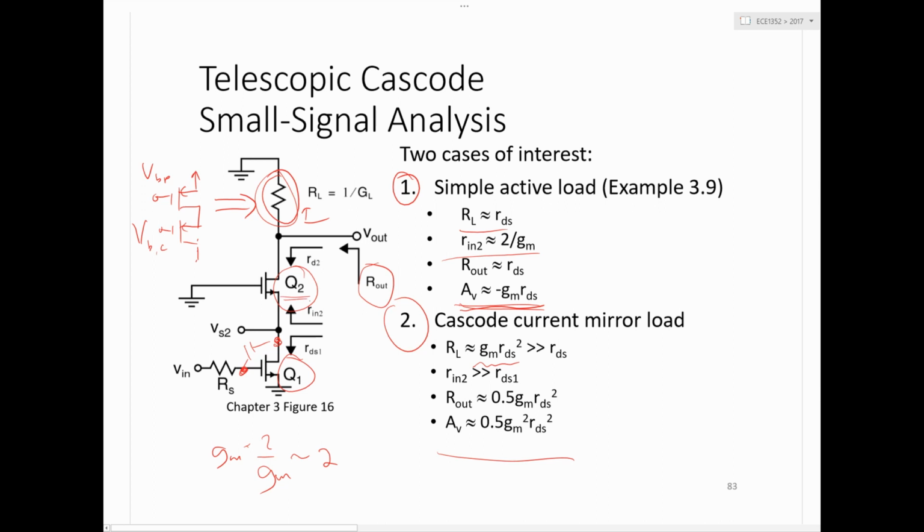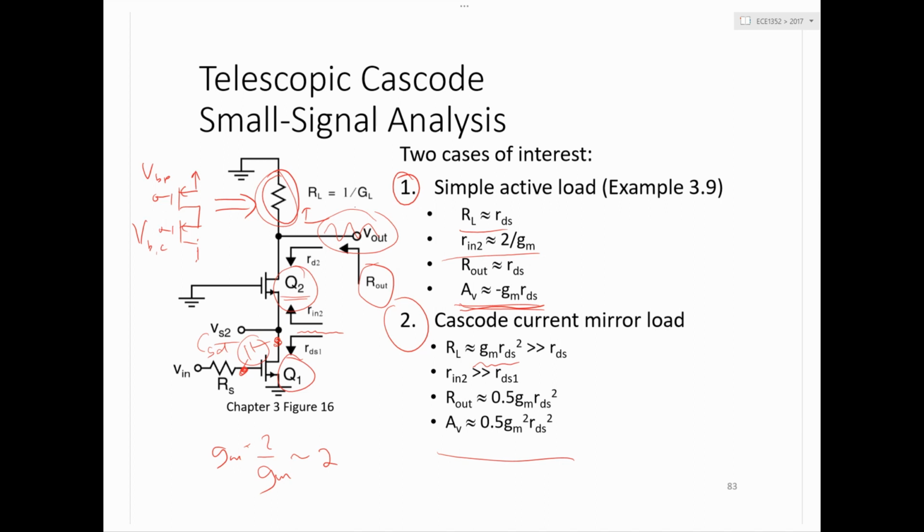The cascode transistor in this case is shielding the capacitor CGD from the amplified signal at the output. So the Miller multiplier is much, much smaller. VS2 is basically hardly moving at all in case 1. All the gain is showing up at the output, appearing across Q2 instead. If you recall, a common gate stage doesn't experience the Miller effect.